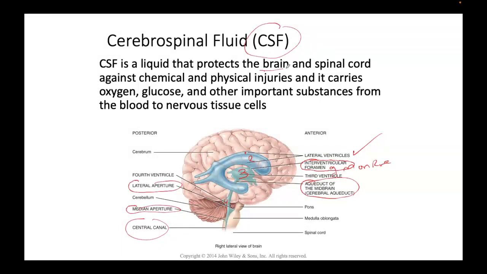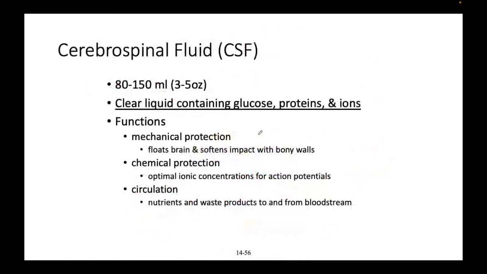It's designed to protect the brain and the spinal cord against chemical issues, chemical shock, or physical injuries. It carries oxygen, it carries glucose, and other substances that are important for the electrical conduction of neurons. We know it carries glucose, proteins, and ions.